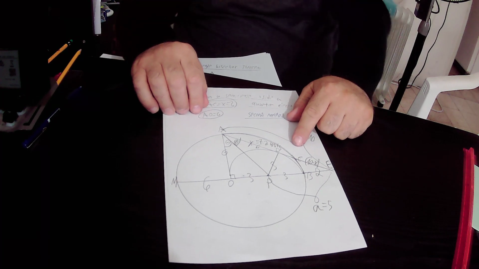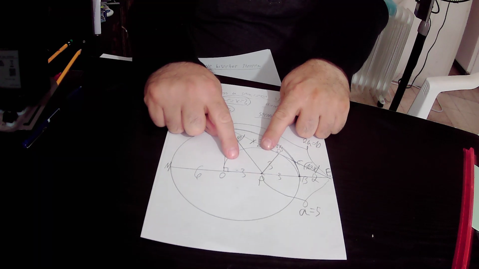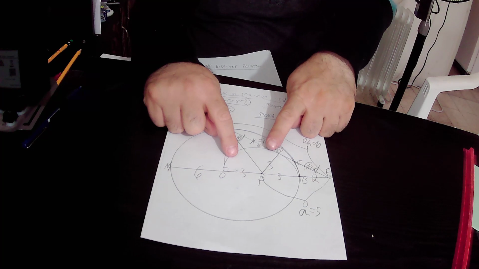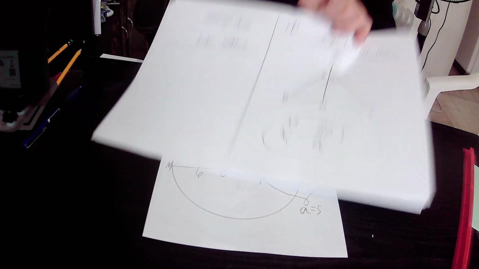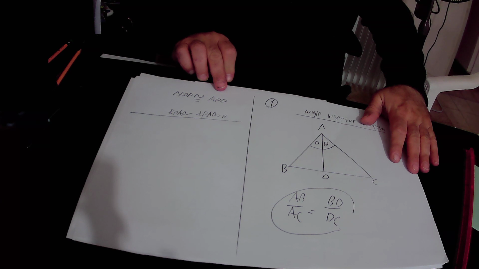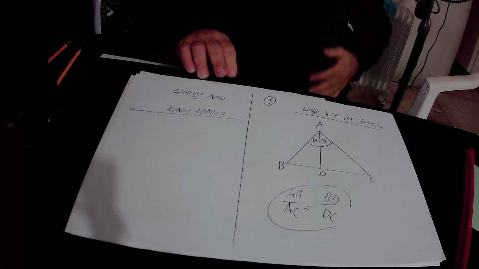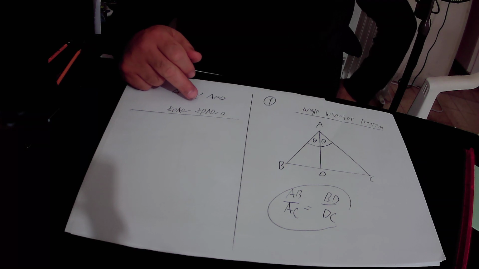We found that triangle AOP can go into triangle APD according to side rule, and from the fact that those two right triangles can go into each other, we conclude that angle OAD equals angle PAD.